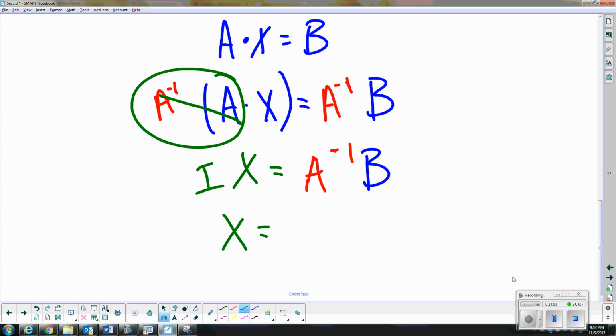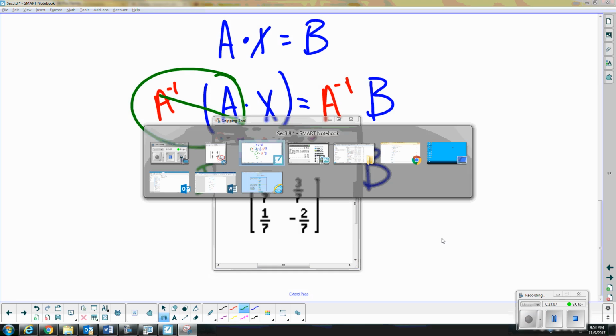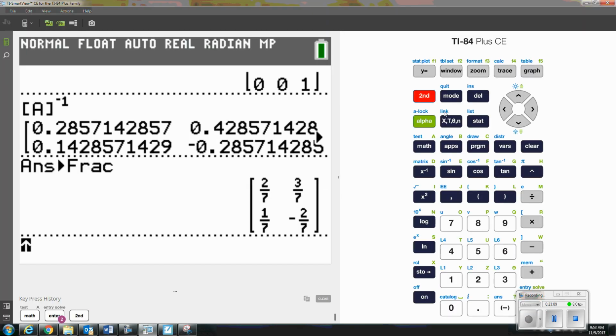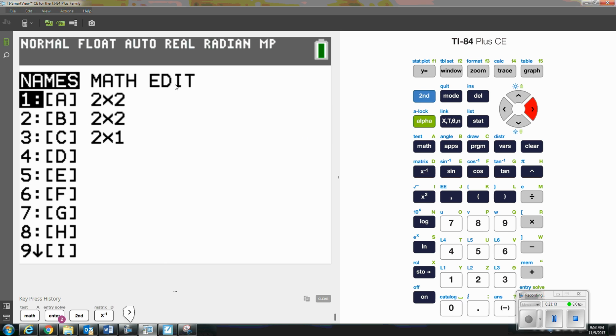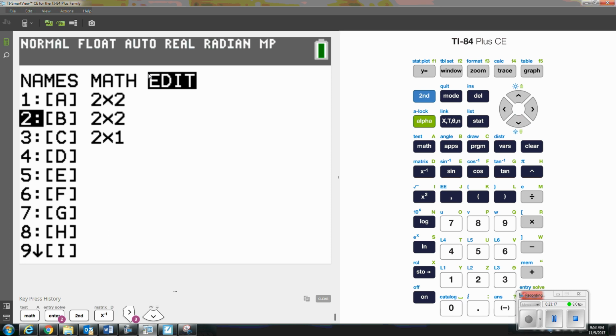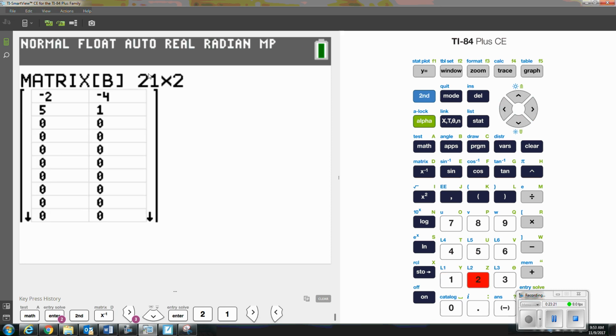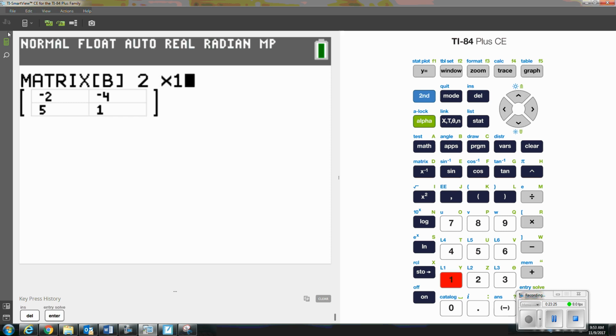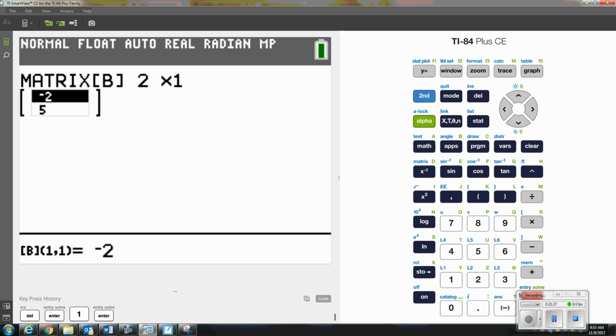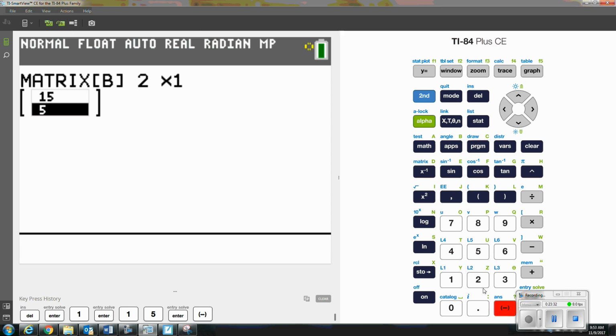So we already have the inverse of A, but now we need to go to our calculator and put in B. So we'll go to matrix, edit matrix B. It's a 2 by 1 matrix. And it's 15 and negative 17. That's matrix B.